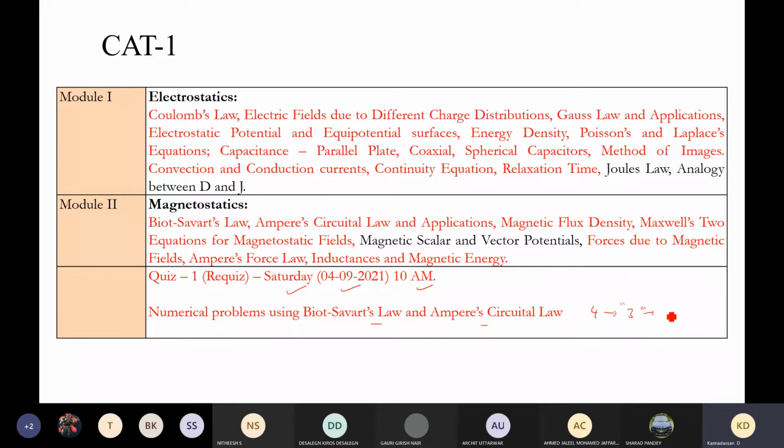These 3 questions will be mapped for 20 marks, and this will be converted to 10 marks for the evaluation of your internal marks. I hope you study these two laws properly along with the relevant numerical problems, and you will also see many numerical problems available on the internet. I will be giving a little bit tricky ones since you have only limited portions here.